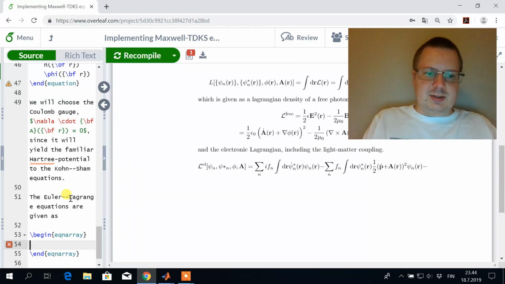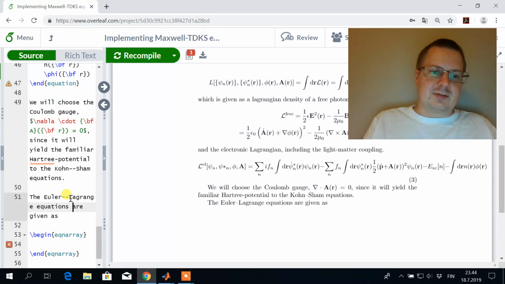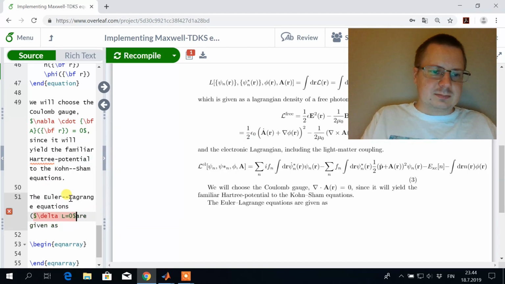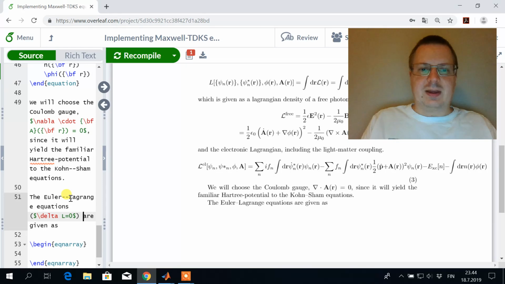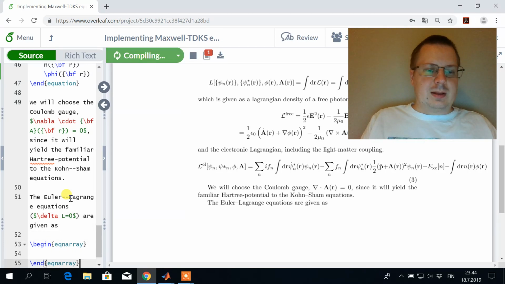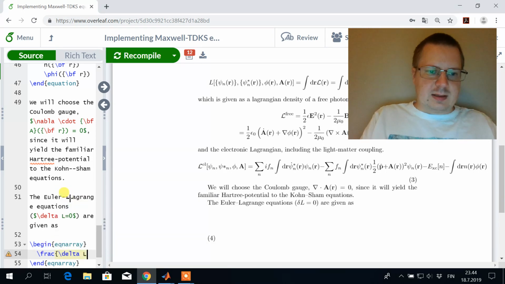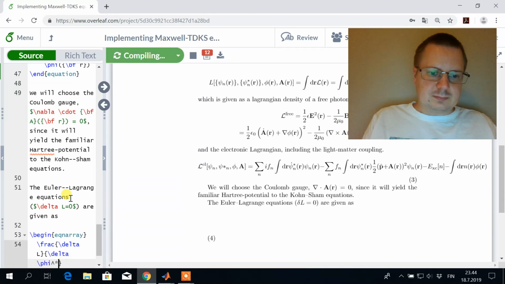So essentially, the Euler-Lagrange equations mean delta L, the variations of L vanish, which means that the variations of the Lagrangian with respect to the fields vanish.